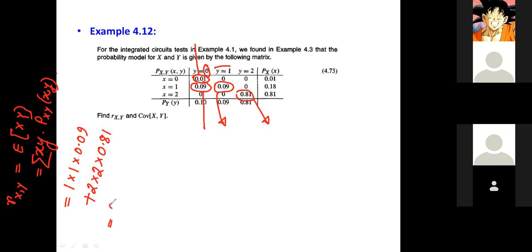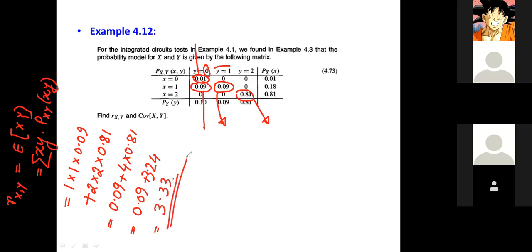So that will be 0.09 plus 4 into 0.81, that is 0.09 plus 3.24, which is 3.33. So this is the value for the correlation.